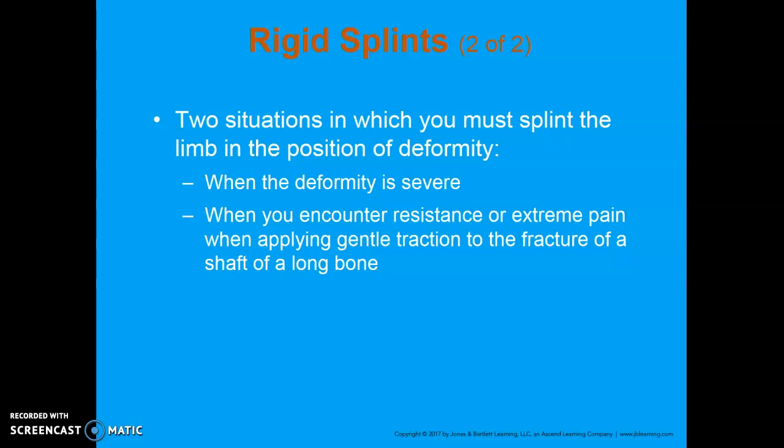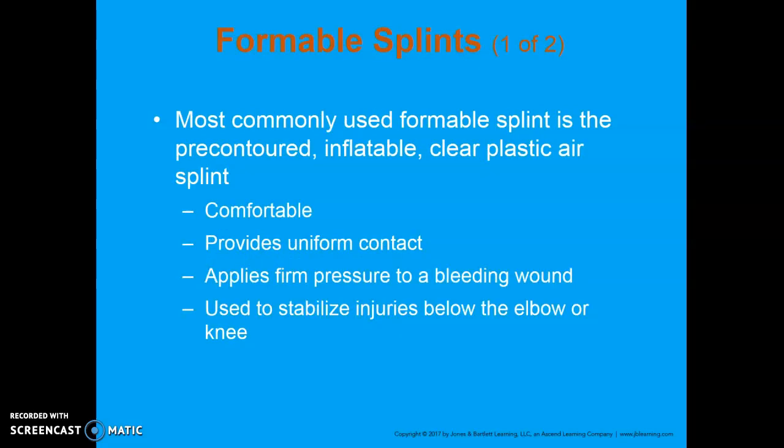When the deformity is severe and there's no way you're going to be able to realign, oftentimes there's more than a couple of shards of bone, and so you're not going to be able to get it to align. And then if you encounter resistance or extreme pain when applying that traction, just leave it. A lot of your dislocations are just going to be splinted in place. We're not going to try and reduce those.